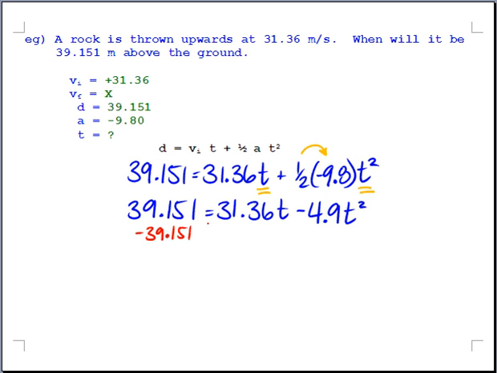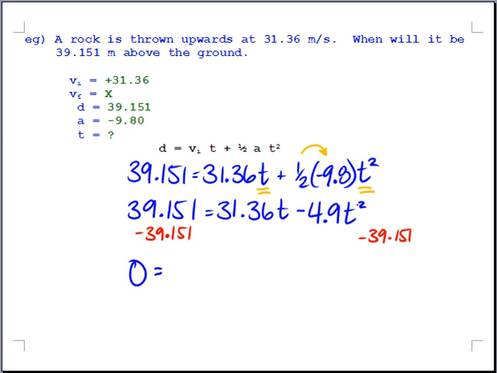That'll give us a 0 over on the left-hand side, which will work great. Now keep in mind this 39.151, it's not a like term with the 4.9 t squared, and it's not a like term with the 31.36t. So it's actually just going to hang out there. And what I want to do is set this thing equal to 0. That's how we set up this quadratic equation.